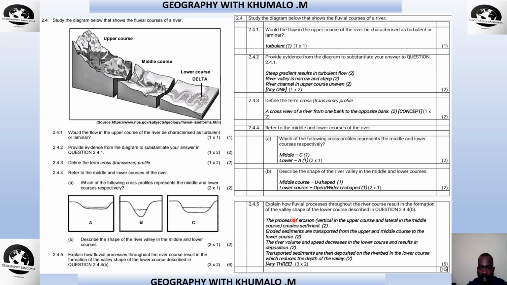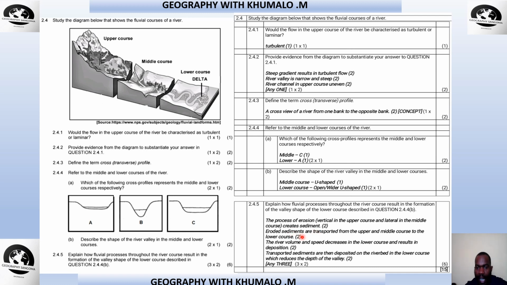2.4.5, explain how fluvial processes throughout the river course result in the formation of the valley shape of the lower course described in 2.4.4b. Now we have to explain the fluvial processes that lead to an open, wider U-shaped valley.